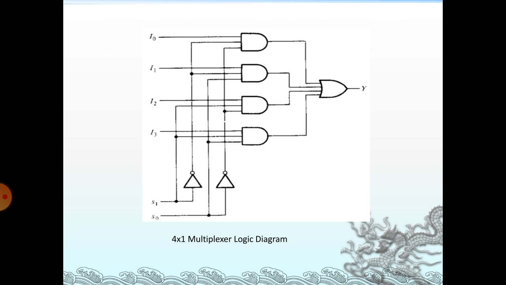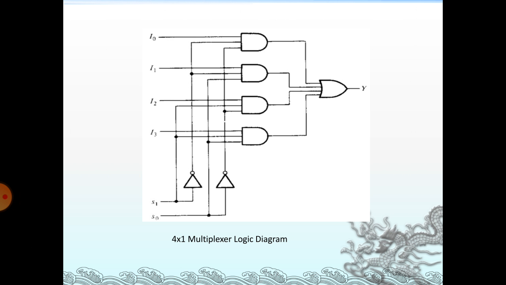The AND gate outputs are given to the OR gate, and the output of the OR gate is the output Y. So this is the logic diagram for the mux.